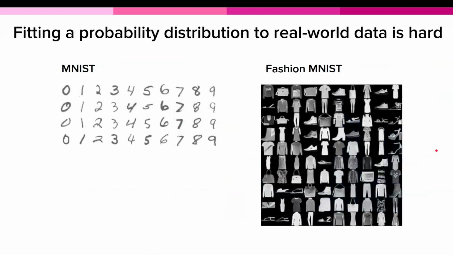Those techniques were great and they got us pretty far, but real world data often can't be modeled quite so simply. So for example, the MNIST data set, which is this set of images of handwritten digits. Each of these images is a 28 by 28 array of pixels.